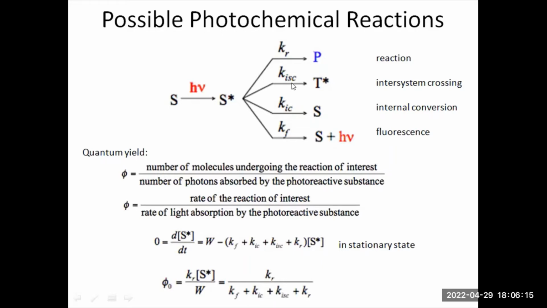Or it can go through another rate constant to intersystem crossing. That's when we go from the singlet to the triplet excited state. And that can give rise to phosphorescence, for example. Or it can also go through internal conversion directly to the ground state again, which is S, singlet, ground state.